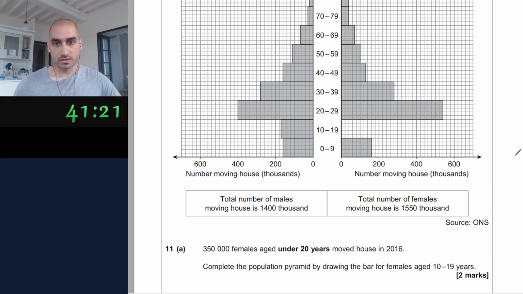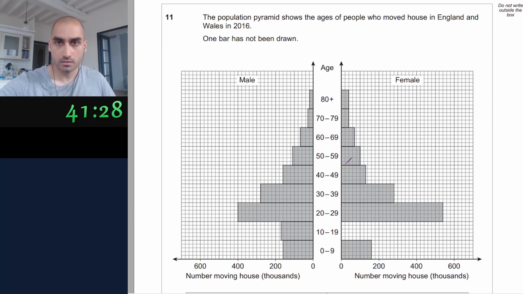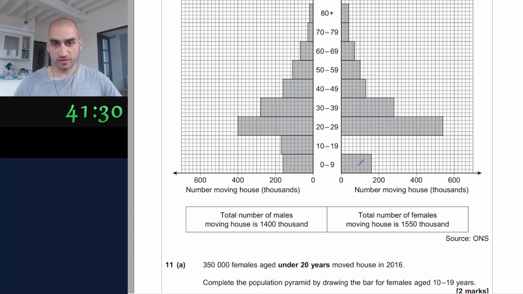Okay, so what have we got here? So we've got 0 to 9. Females is on the right. So that's 160,000.